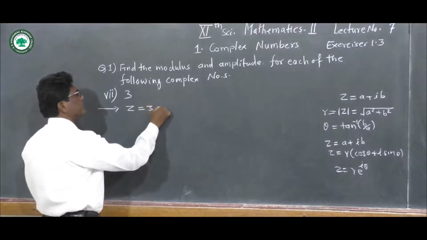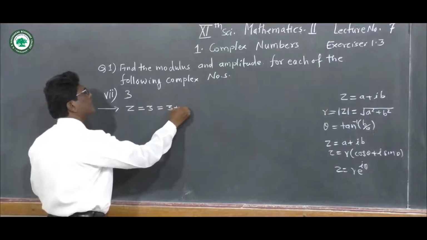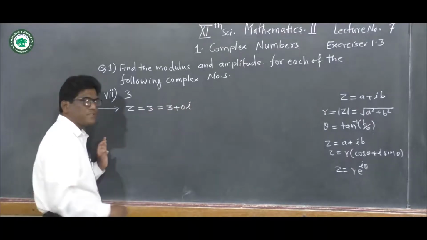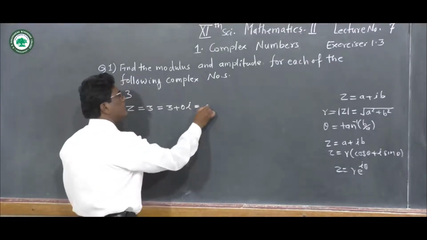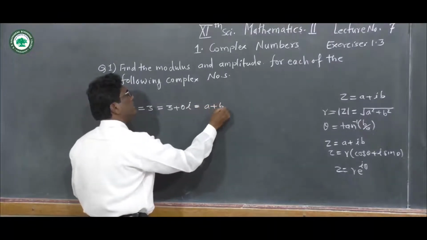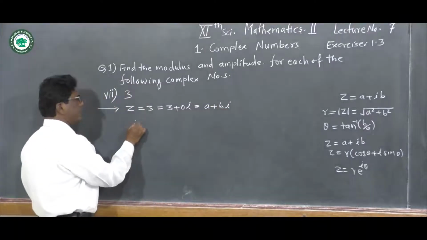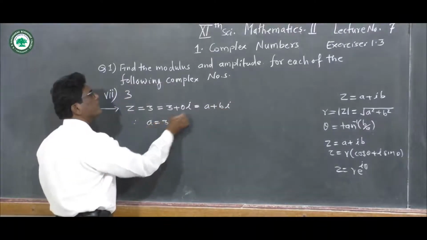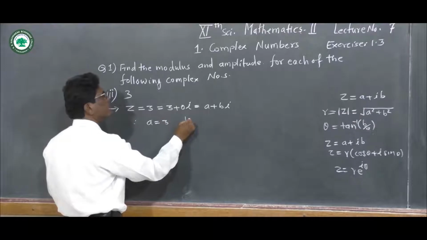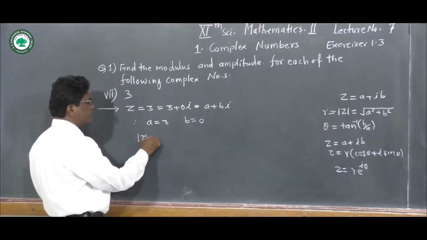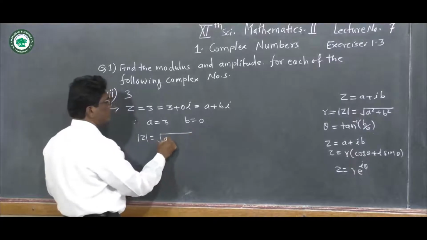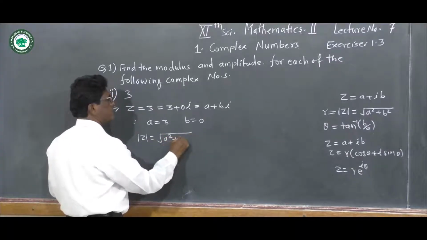We write this 3 as 3 plus 0i. We compare with a plus bi, and therefore we get a is equal to 3, b is equal to 0. Now find mod of z. So mod of z is equal to under root of a square plus b square.